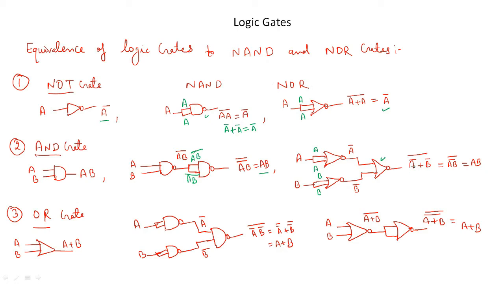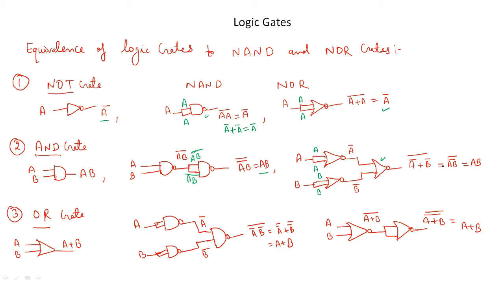So here your output will be A bar plus B bar. Note it is like X plus Y whole bar, so it will be equal to X bar into Y bar whole bar. So it will be equal to AB. It is like X bar plus Y bar, and you know that X bar plus Y bar is equal to XY whole bar.